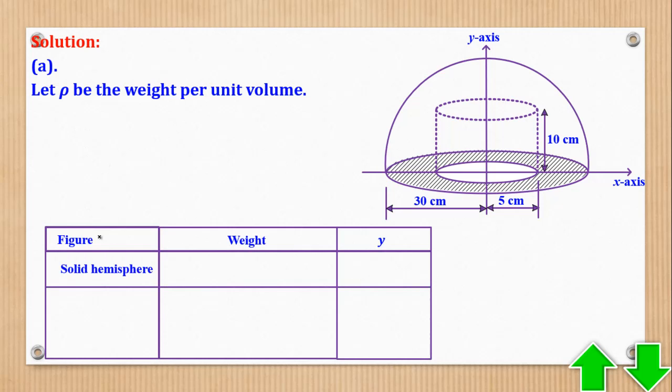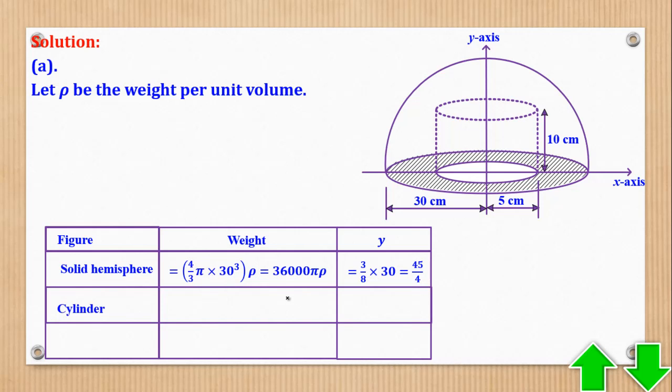So starting with the solid hemisphere, weight will be volume times rho to give you this. So the center of gravity of the hemisphere will be 3r over 8. So 3 over 8 r to give you this. Then we have a cylinder, volume is that, times rho to give you the weight. Then the y value will be half of 10 to give you 5.